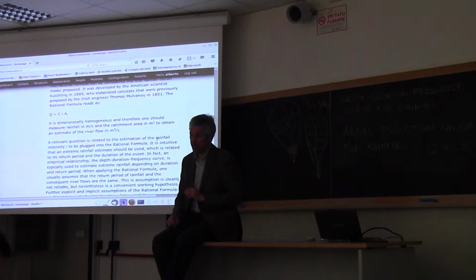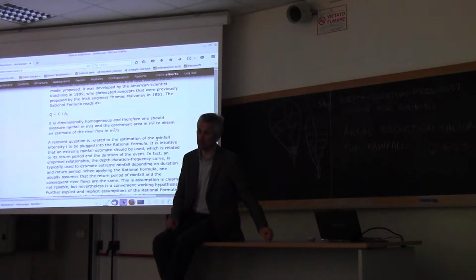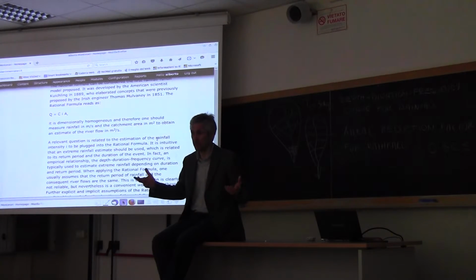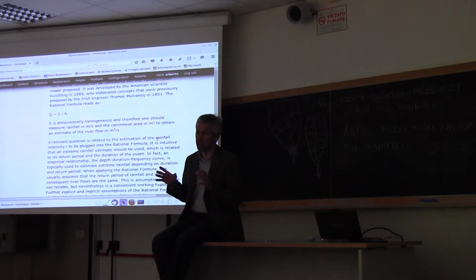It may also happen in some cases that you experience runoff coefficient greater than 1. It may happen during a snow melt, so you don't see any rainfall, but you see a flood. These are typically floods induced by snow melt.